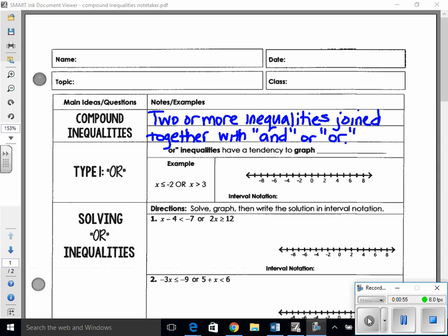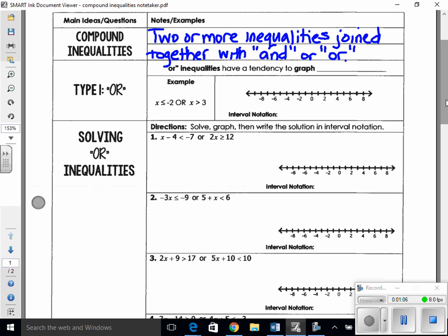Those are the only two types of compound inequalities that we have. Right, so we're going to explore and take a look at examples and characteristics of each type. So the first type that we're going to take a look at are the "or" ones. And then the second type, obviously, we'll take a look at the "and" ones.